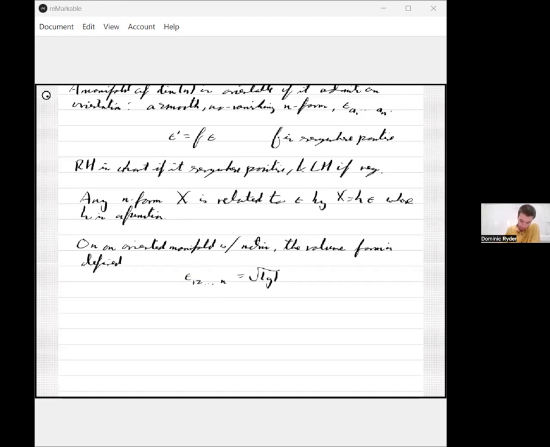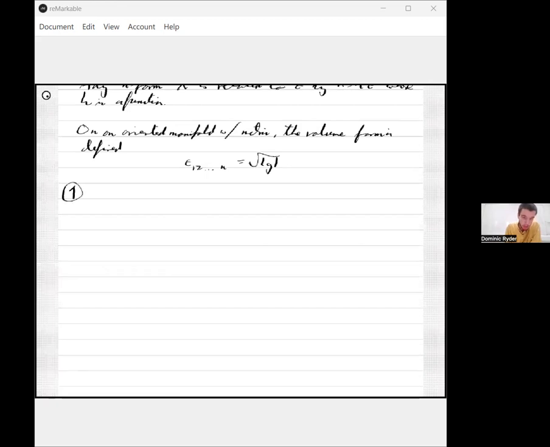Important result, and so I'm going to call it 1 because I'll refer to it later, is that the contraction of two volume forms on an n-dimensional Lorentzian spacetime is given by the following. Epsilon A1 to AJ plus 1 to AN, so we're contracting over the first J indices.